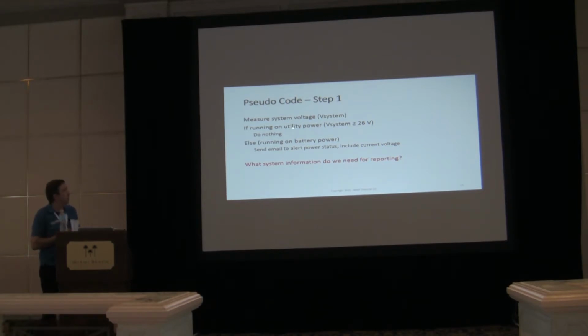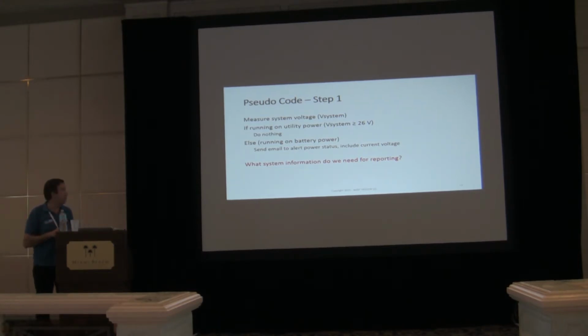If we're running on utility power, in other words, V system is greater than or equal to 26 volts, we're going to do nothing because we're happy. Else, if it's not that, now we're running on battery power. So let's send an email to alert the power status, and let's include the current voltage in the email. There you've got the first part of your project.